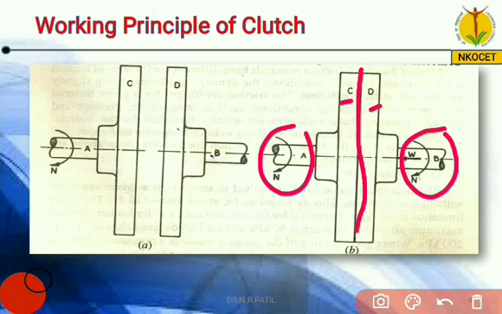Plate D will offer resistance, which means it will not allow plate C to rotate freely. It means plate D also rotates along with plate C. This is the way all clutches work on the principle of friction.